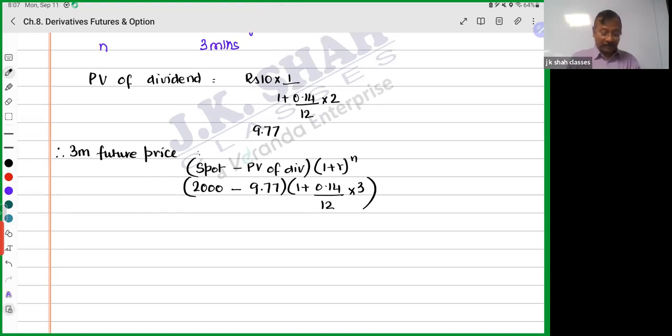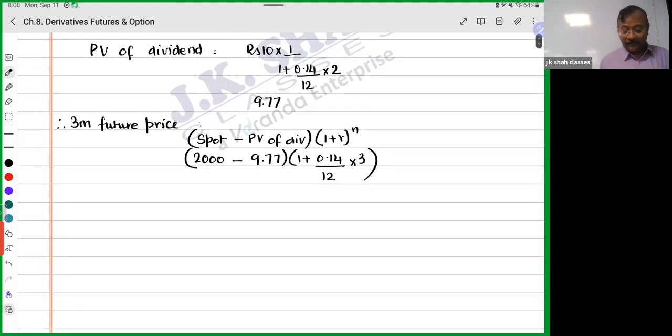That is 0.14 divided by 4 plus 1 into 2000 minus 9.77, which is 2059.89.